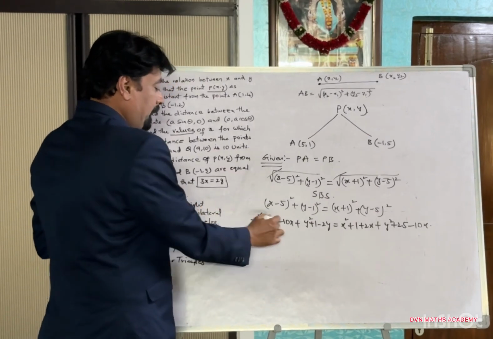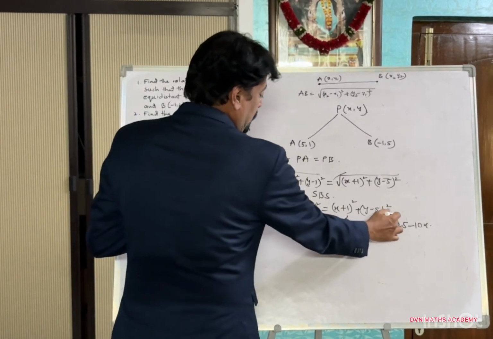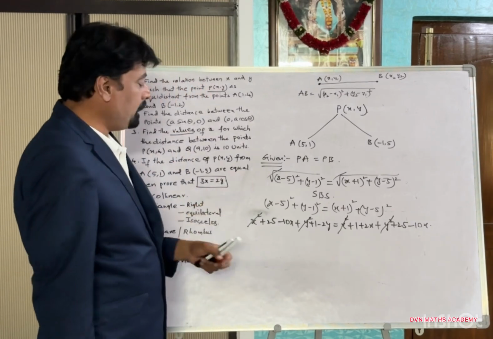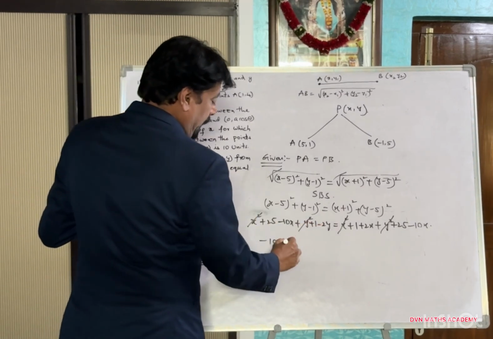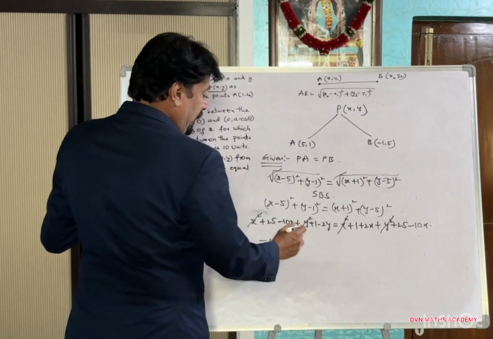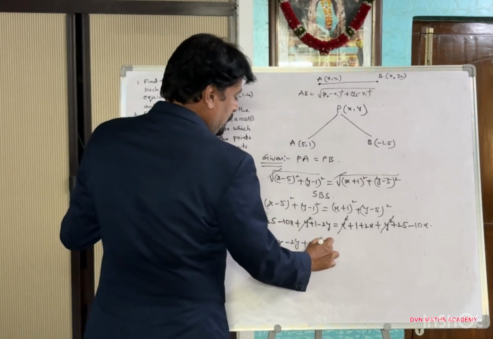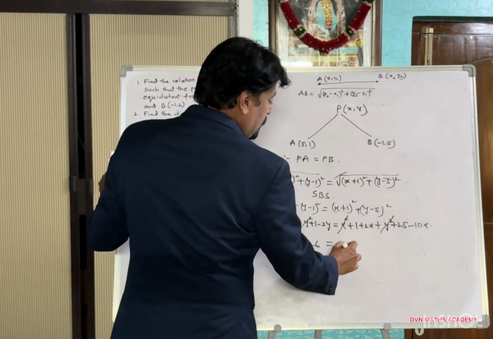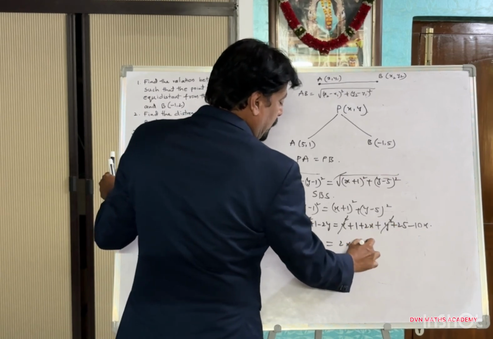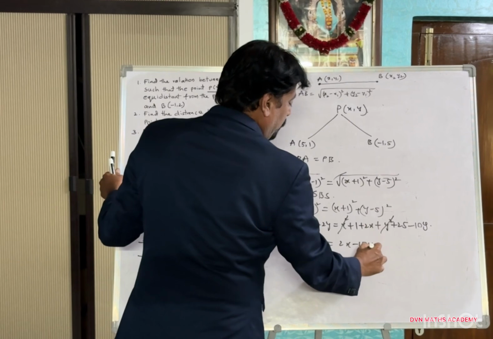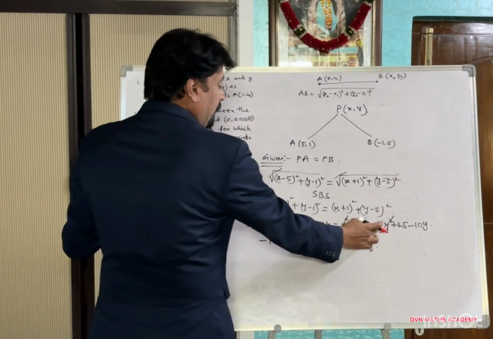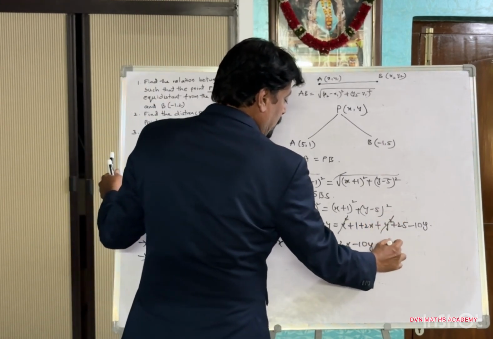You know that x square, y square on LHS and RHS will be cancelled. So what will remain is minus 10x minus 2y, 25 plus 1, this becomes 26, is equal to 2x and minus 10y, I am sorry, minus 10y. So here again plus 26.